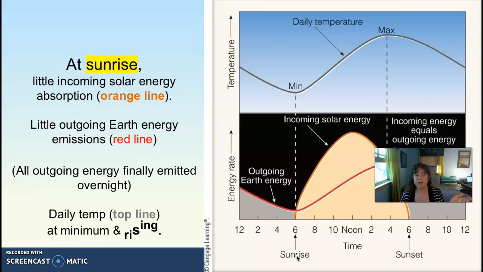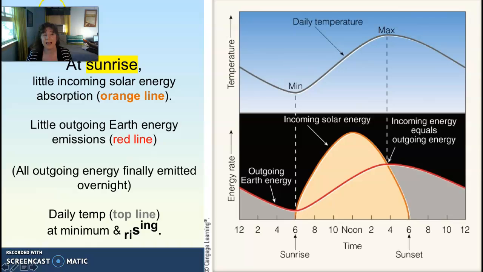And those two things seem to go together, because when we have minimum emissions, we're having very little energy move off the earth, and we have no solar absorption during that time because the sun's been down all night. So it makes sense that we would have a minimum temperature at that time at sunrise. It seems counterintuitive because people think of the minimum temperature being sometime around midnight, but it's actually at sunrise.